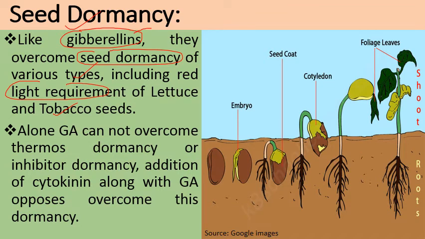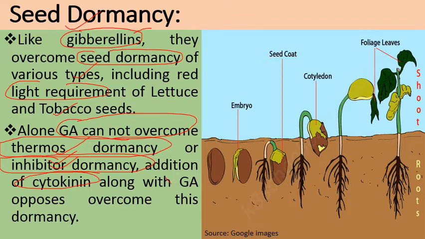Alone, GA cannot overcome thermodormancy or inhibitor dormancy, which means dormancy caused by high temperature or dormancy caused by some chemical inhibitors which inhibit seed germination. So addition of cytokinin along with GA helps overcome this dormancy.